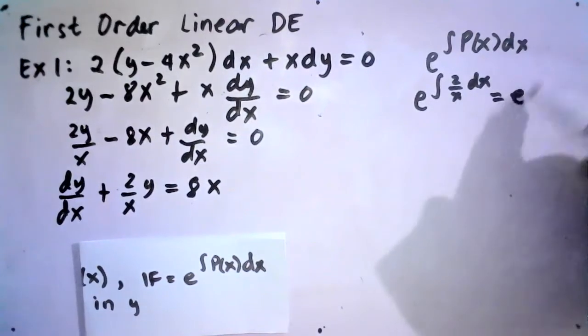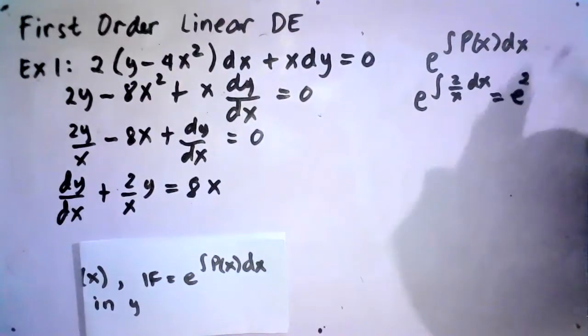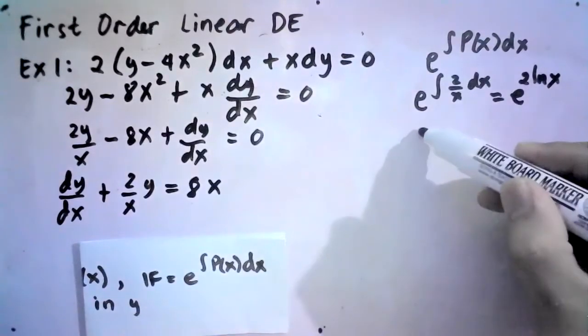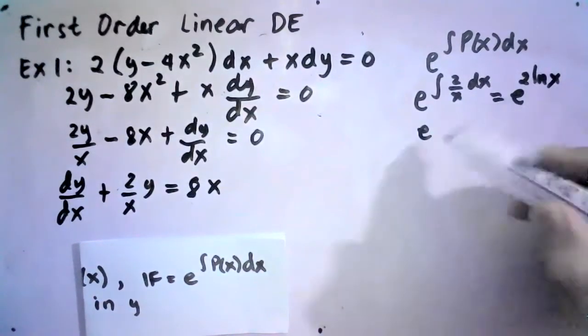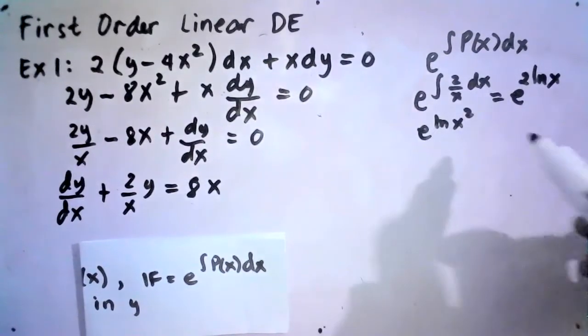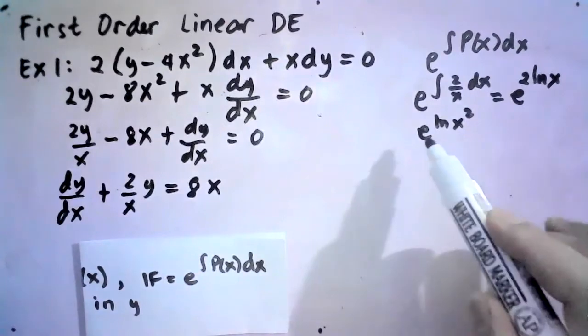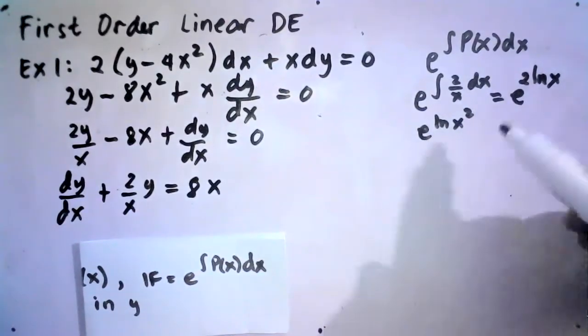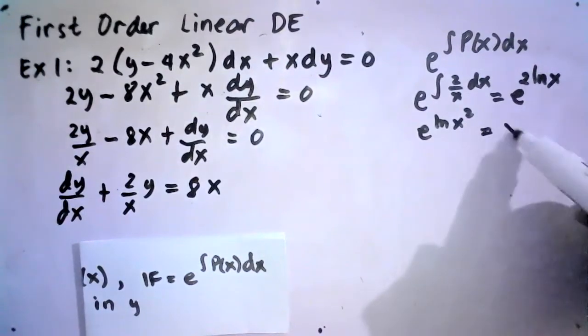So we have here e raised to 2 ln x, or that is equivalent to e raised to ln x squared. Now this e raised to ln will be cancelled automatically. Our final answer here is x squared.